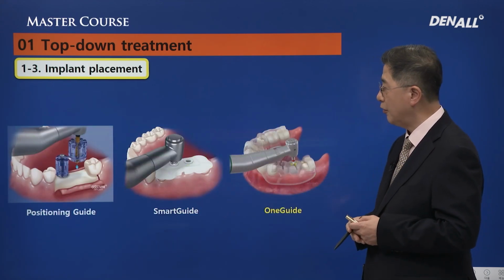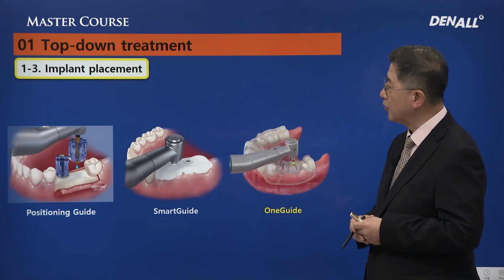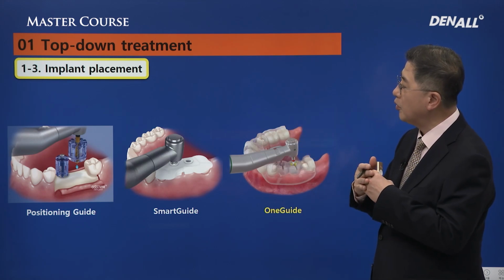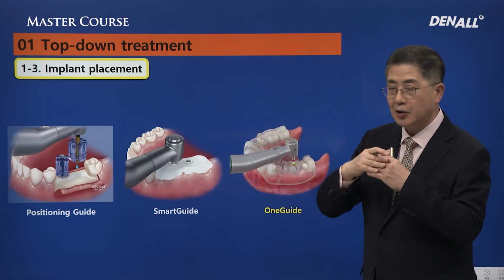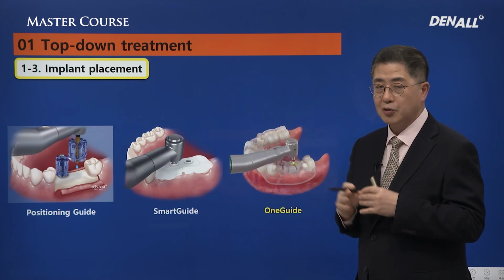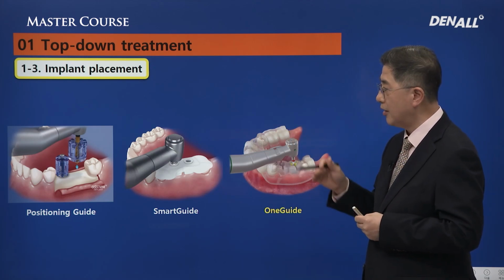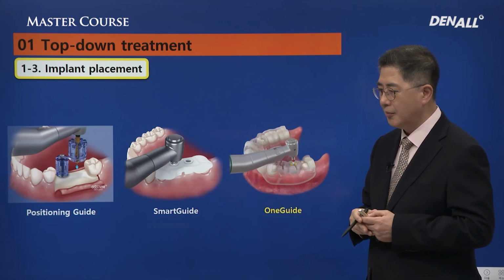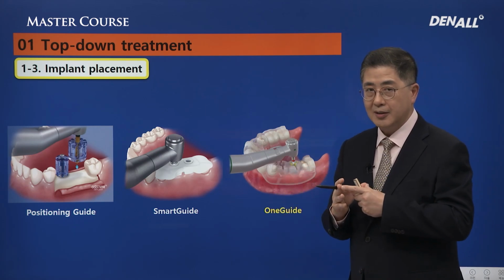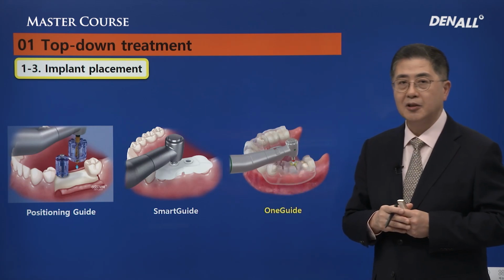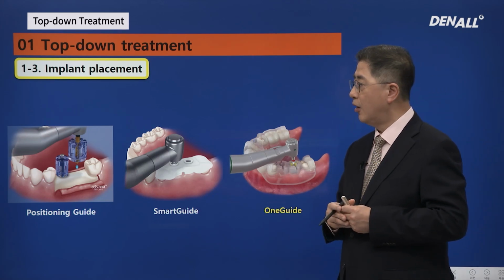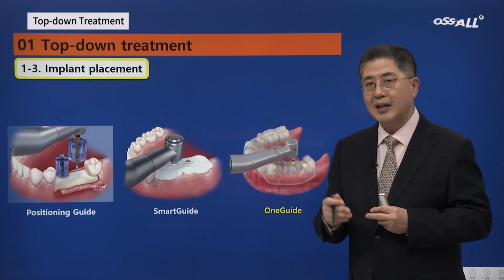After using these materials, after prosthesis type is determined, various factors are considered for implant placement. The key is placing implant in ideal position. There are 3 different tools to place implant well from OSDEM.